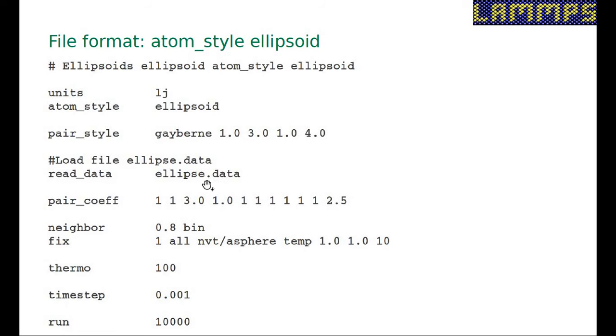Followed by information related to the pair coefficient, the neighbor list, and the thermodynamic ensemble. In this case, we use the NVT ensemble using the special instruction as sphere because we have to include the angular motion of the ellipsoidal particles.